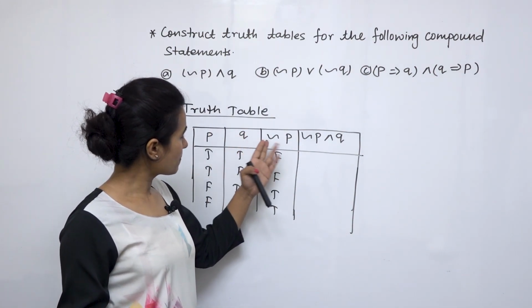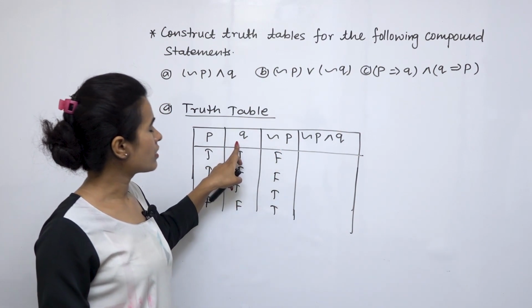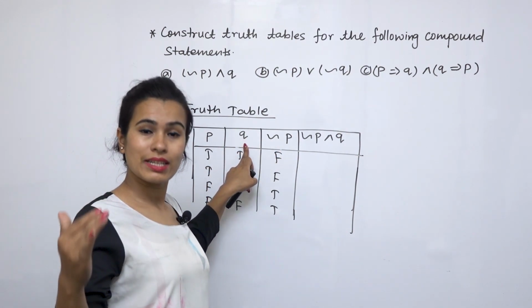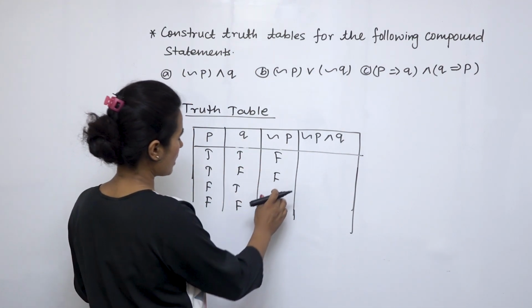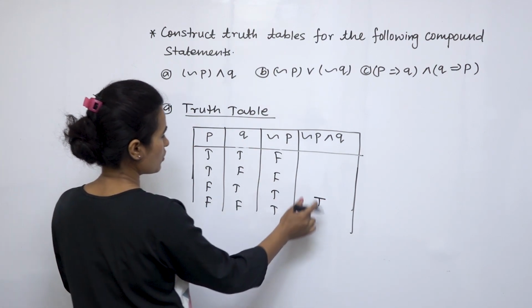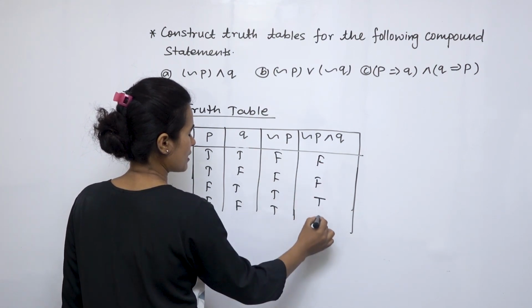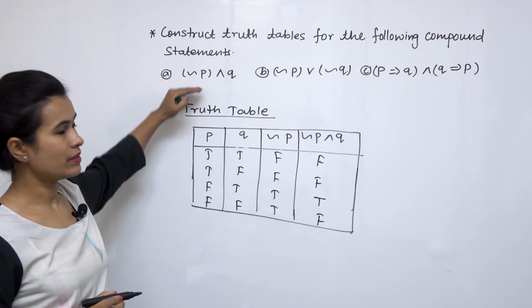If any one is false, then the result is false. So here we have only one row in which both are true and the result is true, remaining all false. This is what we have to do for the first one.